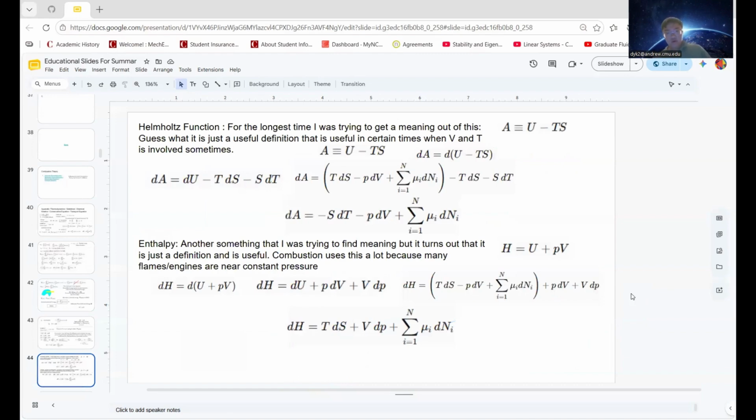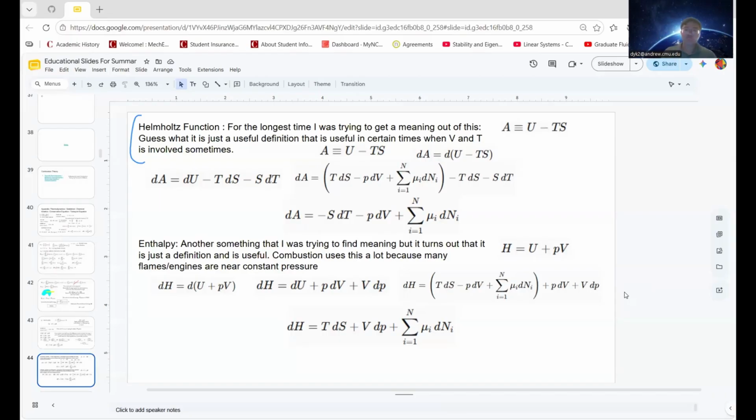It's just chemical potential. Now, here's something funny. The Helmholtz function over here. For the longest time, I was trying to make meaning out of this. Don't try. There's no meaning in this. It's just a useful way of denoting U minus TS. I asked Dr. Sarah in class, what's the meaning of these Helmholtz, entropy, and Gibbs equations? I was taking multi-phase, well, auditing it, not really taking it.